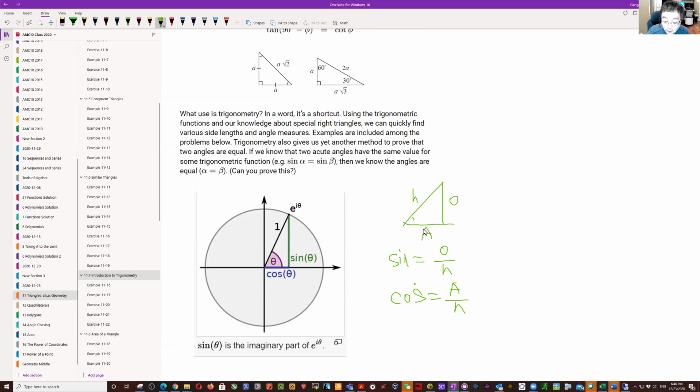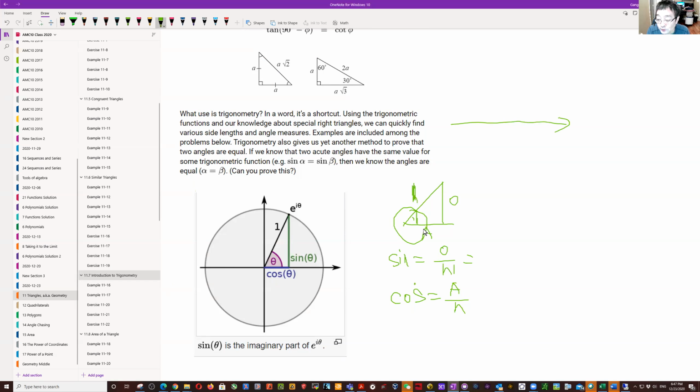So imagine that I standardize the hypotenuse to be 1, shrinking this into a unit circle. Then the sine is exactly equal to the opposite, and the cosine is exactly equal to the adjacent. So that's really obvious.